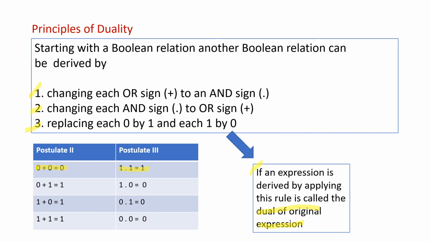And in a similar way we can apply that to the second, third and fourth rows. And we can notice that by applying these three rules on postulate 2, we end up getting postulate 3. And this proves that the principle of duality is correct.